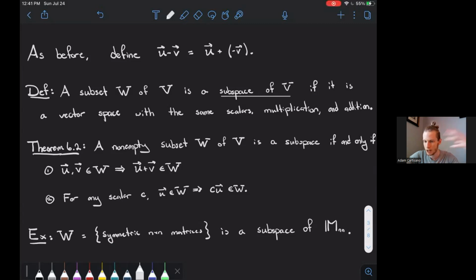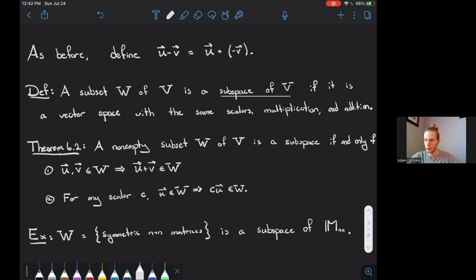We are going to have a much broader definition of a subspace of a vector space. In fact, a subspace of a vector space is just a subset of the vector space satisfying all the properties of a vector space.